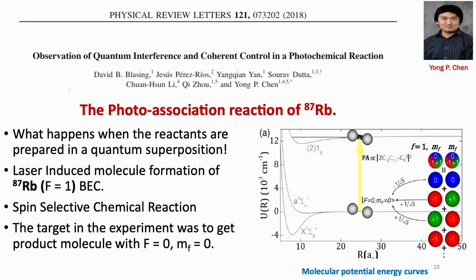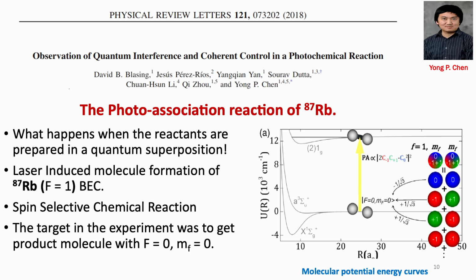So another experiment where the superposition makes a difference is given by Yang Chen at Purdue, published in Physical Review Letters back in 2018. He looked at the Bose-Einstein condensation of rubidium atoms with the hyperfine F equals 1. What they did is look at photoassociation.